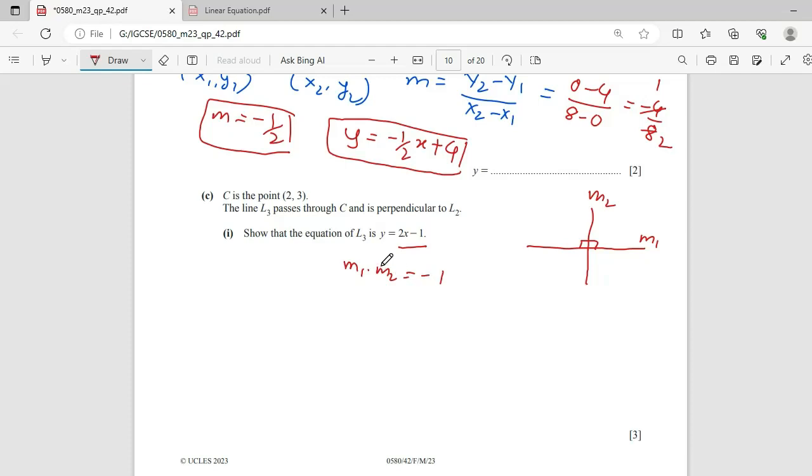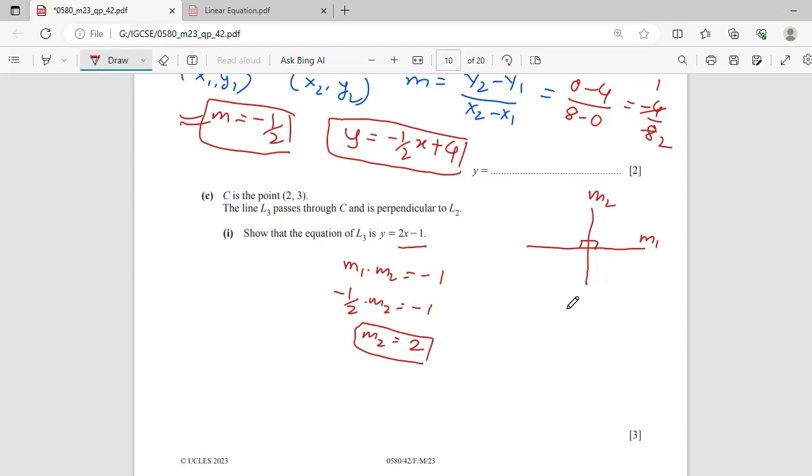Okay, so we know L2. In the previous question we already identified the gradient of L2 is minus half. We can simply substitute here minus half into m2 is equals to minus 1. m2 is equals to minus 2 into minus 1 is 2.